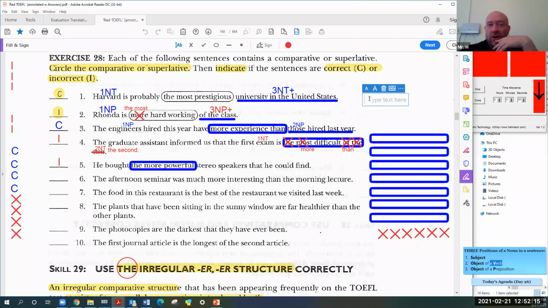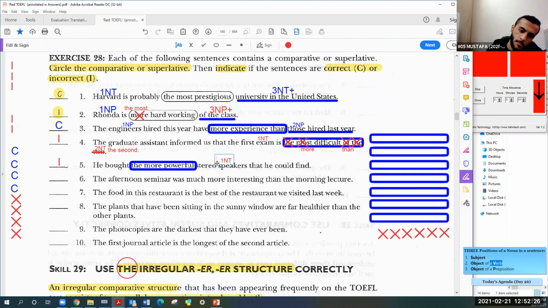What are we comparing here? We're comparing one group of speakers, right? Well, when you buy speakers, I don't know, these days people just buy one, right?